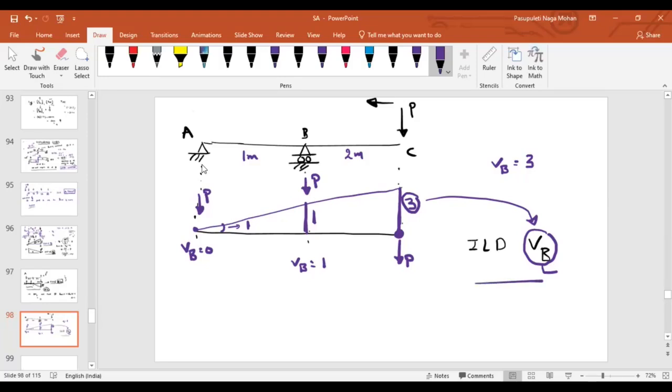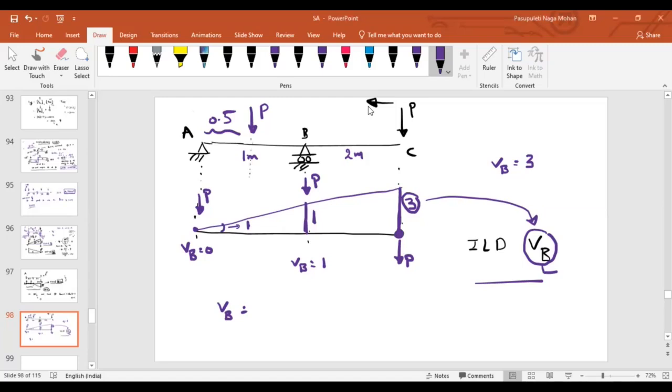Can somebody please tell me, if my load is somewhere here at a distance of 0.5, what is the reaction at B? 0.5, sir. We have to take the corresponding ordinate. Where is the corresponding ordinate?